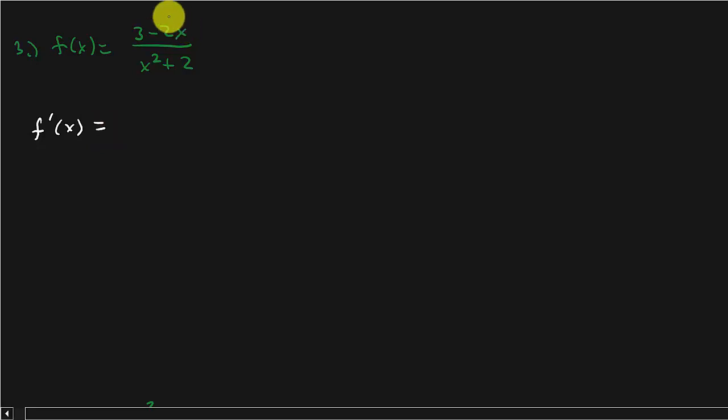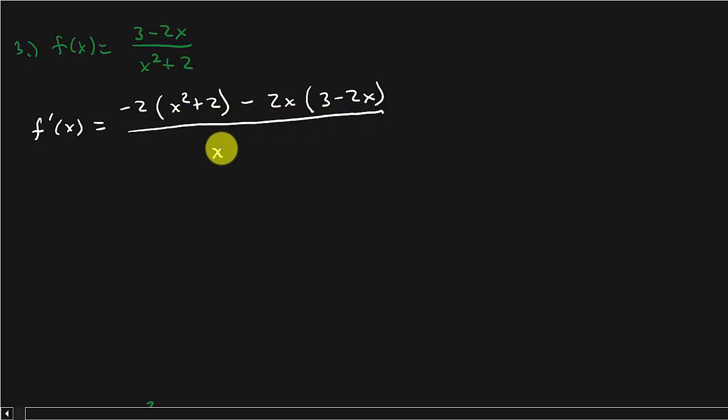So what's the derivative of the numerator? Well, that's negative 2. So there's the derivative of the numerator times the denominator, x squared plus 2, minus the derivative of the denominator, which is 2x, times the numerator, 3 minus 2x. And that's all over the denominator squared.